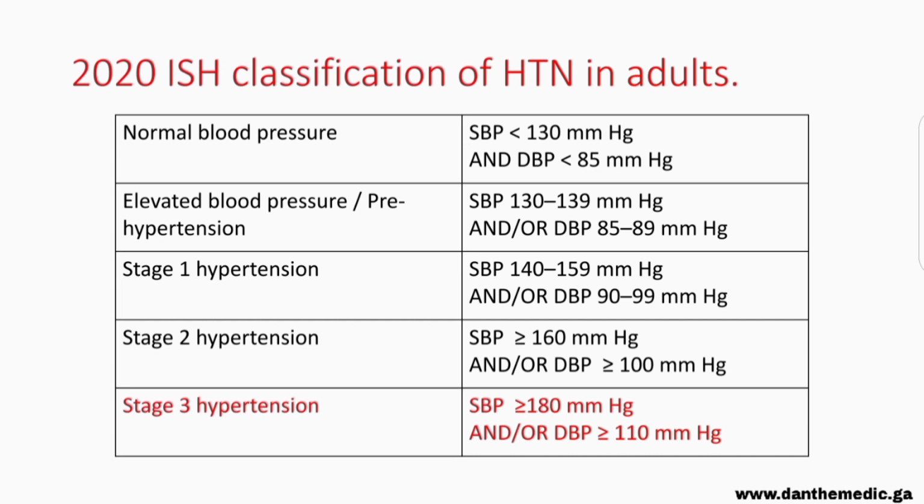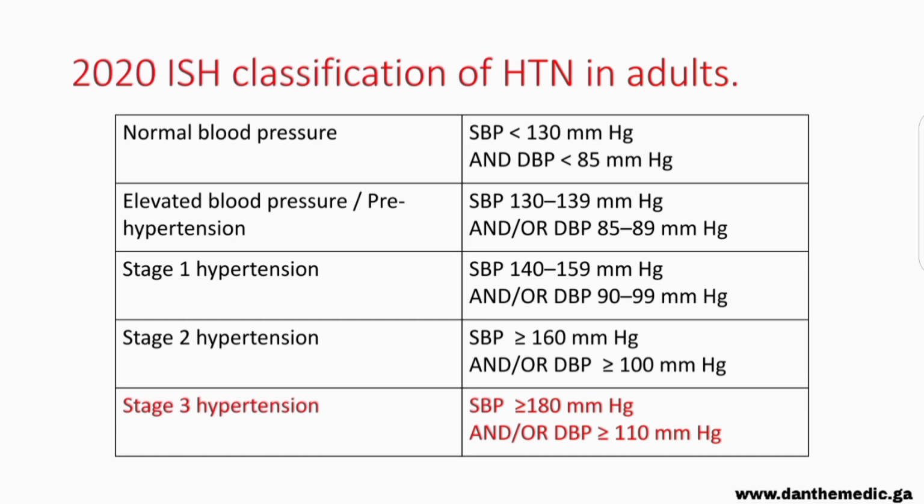Then the ISH classified elevated blood pressure or prehypertension as systolic blood pressure that is between the range of 130 to 139 millimeters of mercury and or diastolic blood pressure that is between the range of 85 to 89 millimeters of mercury.